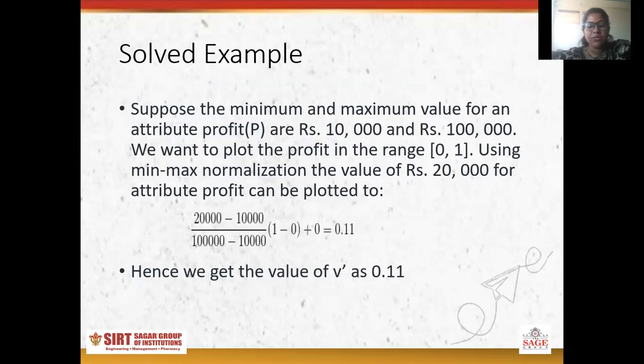After solving this, we get V' as 0.11. That means if we want to plot 20,000 between 0 and 1, the value will be 0.11. So this is how we have normalized the value 20,000 with min-max normalization.